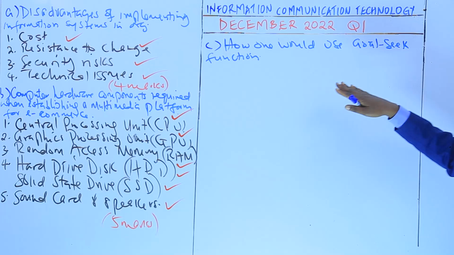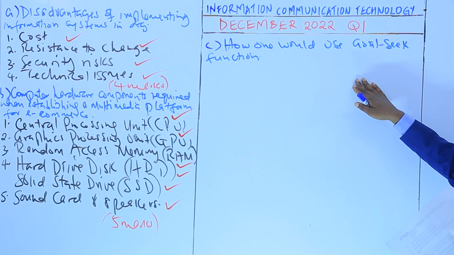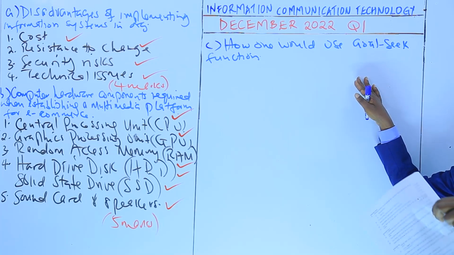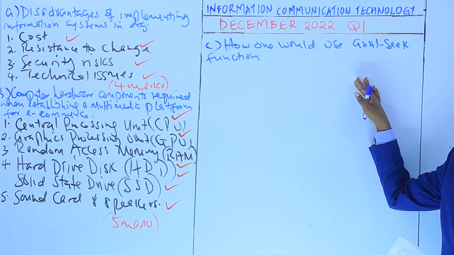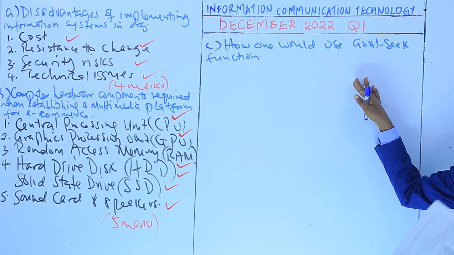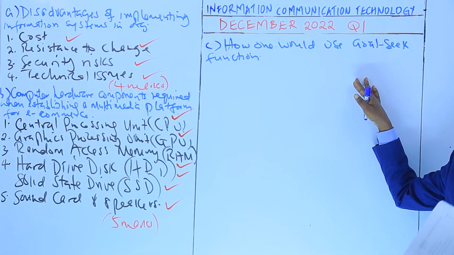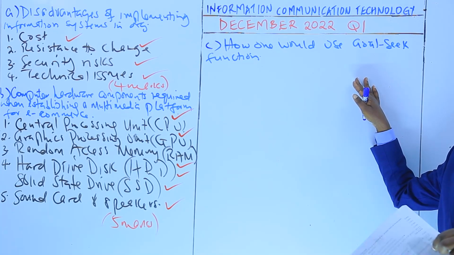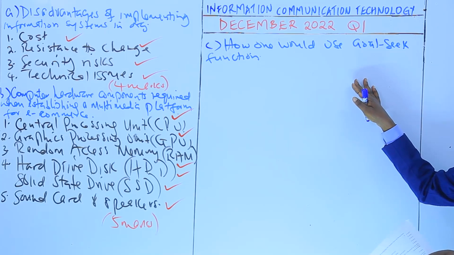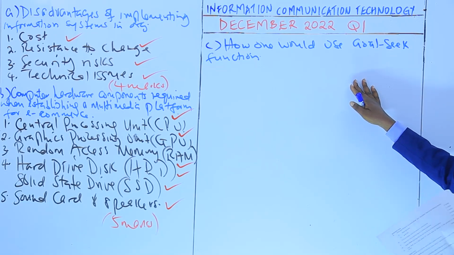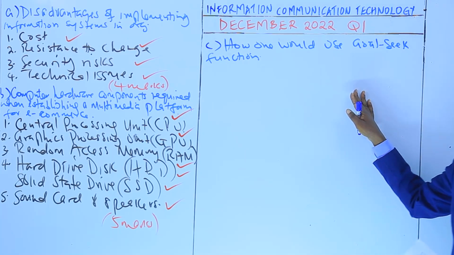So by using the goal-seek function, the user can input the target profit as the desired result and then instruct the software to find the corresponding number of units that need to be sold in order to get the profit target.